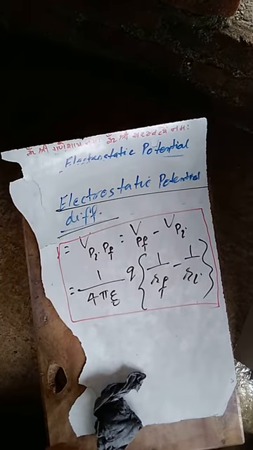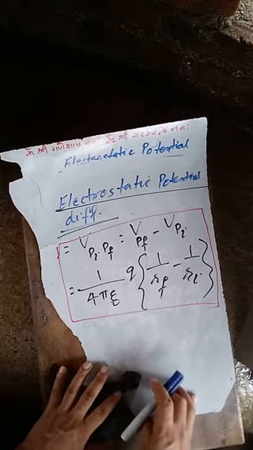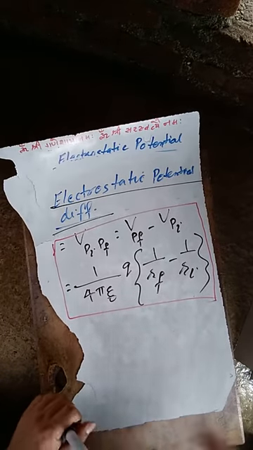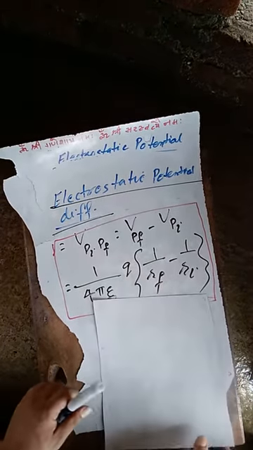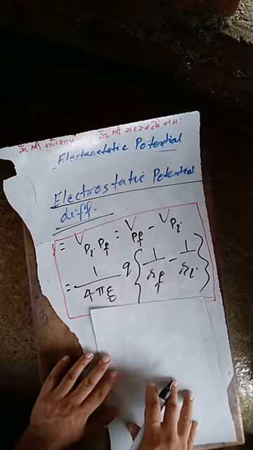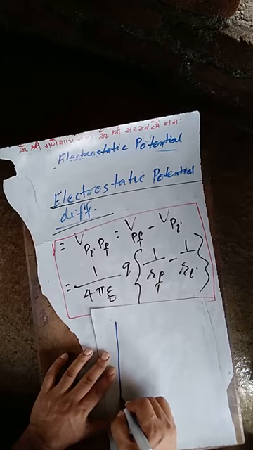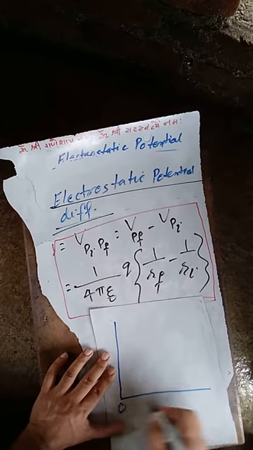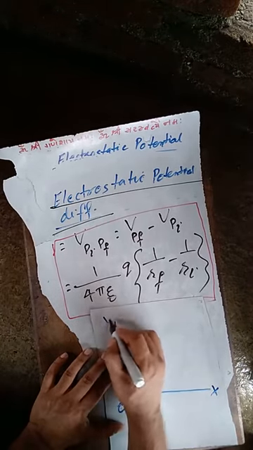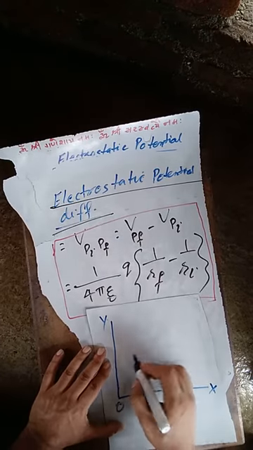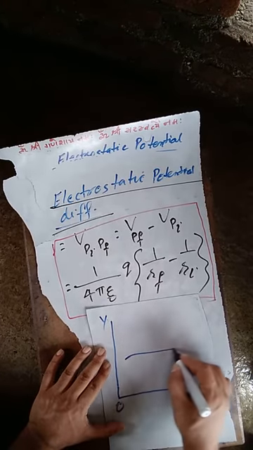So here we understood what electrostatic potential difference is. And if we represent it in a diagram, we can draw it like this. This is the origin, this is the x-axis, this is the y-axis.